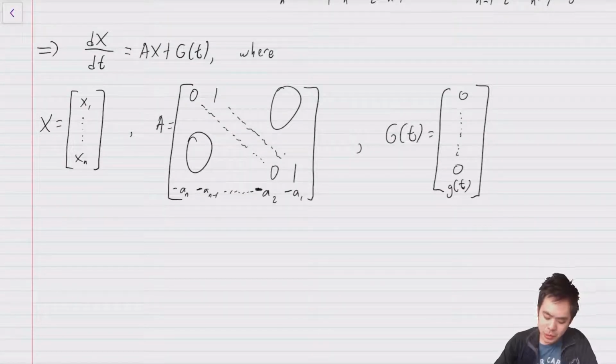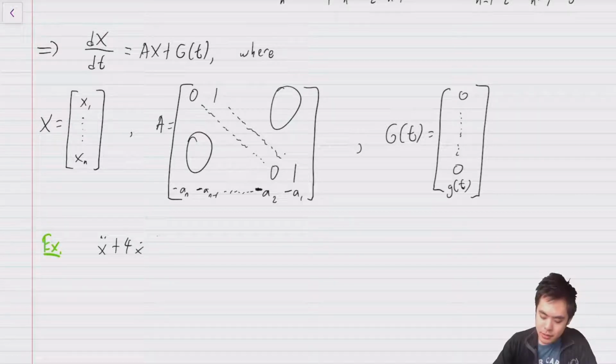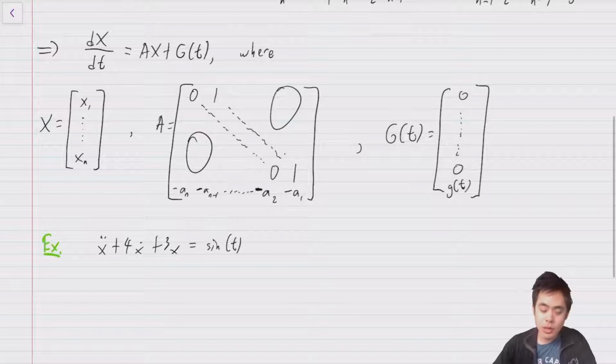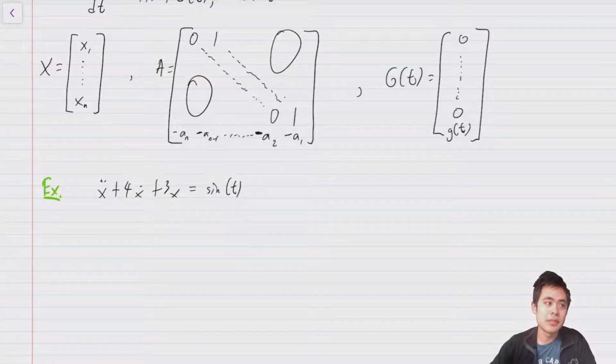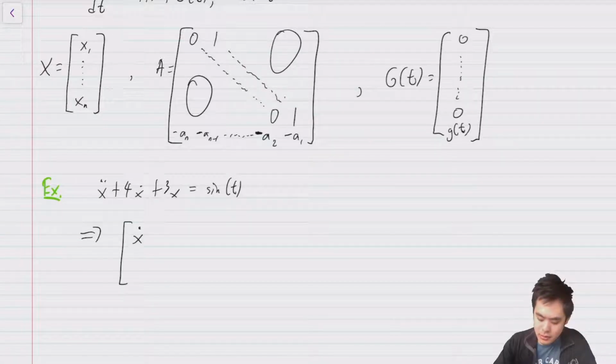Let's go with a quick example of this while we're at it. This example is x double dot plus 4x dot plus 3x is equal to sine of t. Well, this can be converted into a system of first-order equations. So x1 dot, x2 dot is equal to, well, what's our A matrix here?